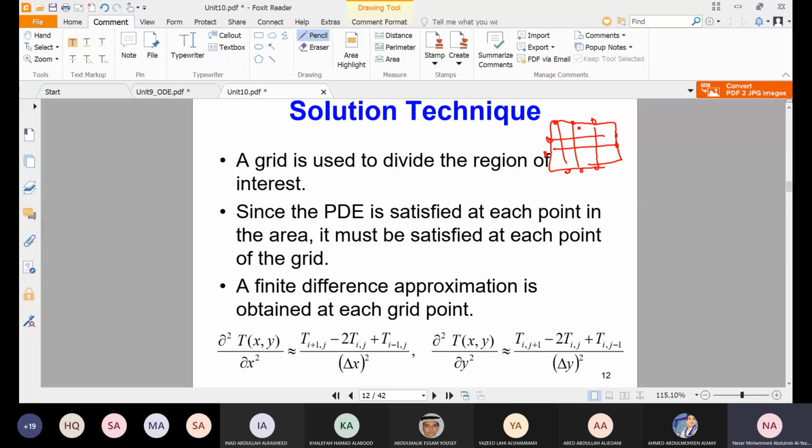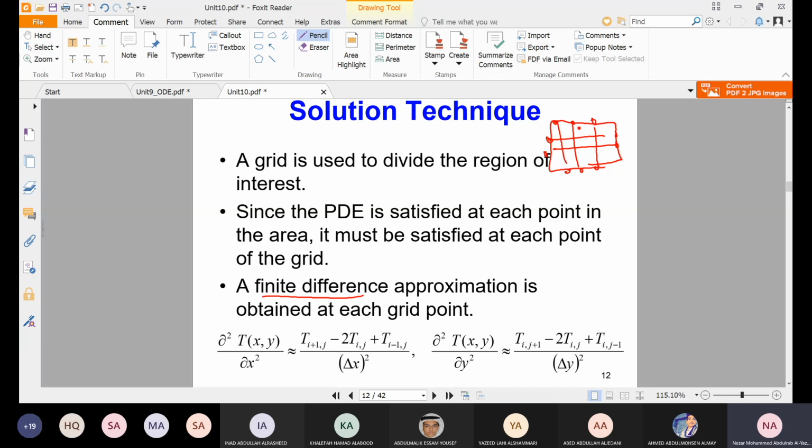To solve this, as we said, we'll use the finite difference method by representing the second order derivative. The first term of the Laplace form is the second derivative, d squared T over dx squared. Represent this by central divided difference. The second term we also represent by central divided difference.